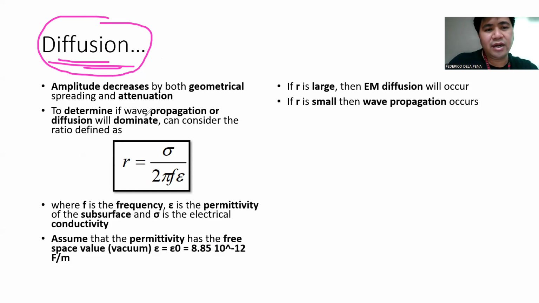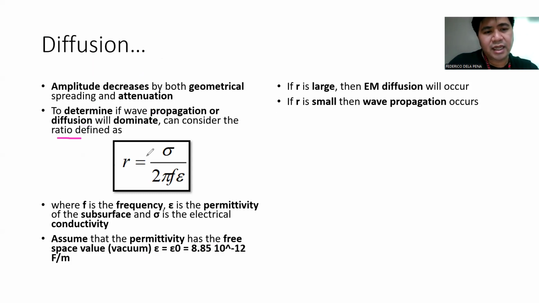To determine which one will dominate the propagation in the subsurface, it can be denoted by the ratio R, which depends on your conductivity, your frequency, and the dielectric permittivity in free space or vacuum. So this value you can just ignore.